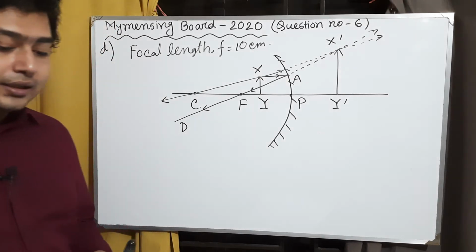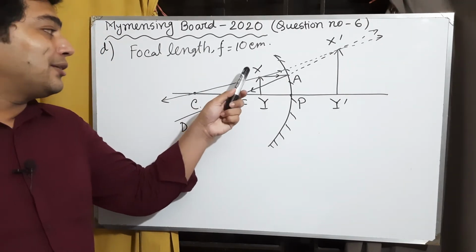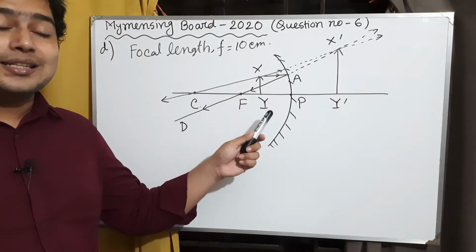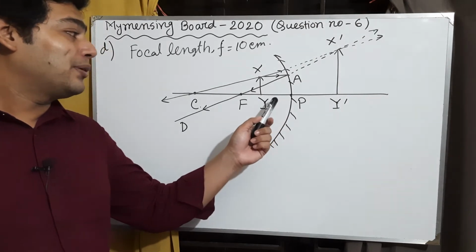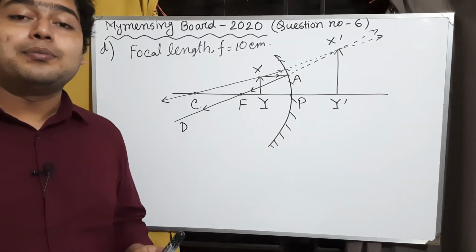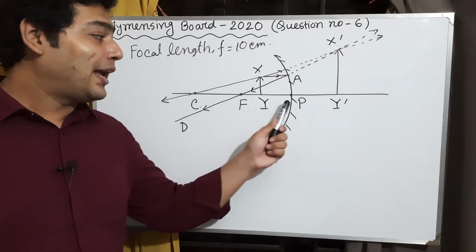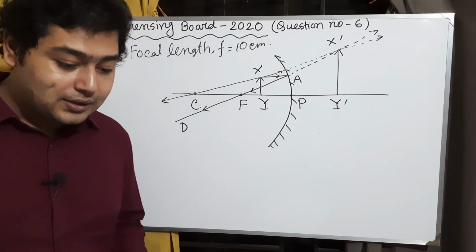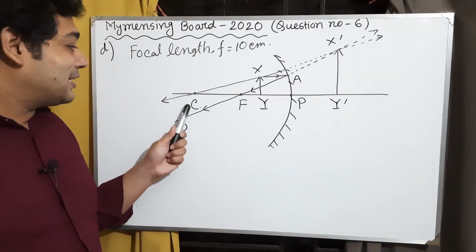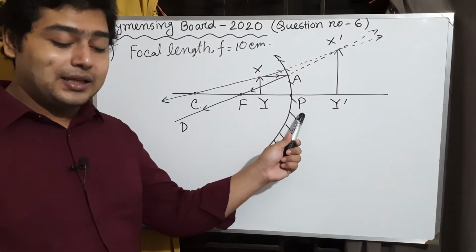Let us assume XY is our object, which is placed in front of the mirror at 5 centimeter distance from the pole, between the focus point and pole. Here C is the center of curvature, F is the focus point and P is the pole.